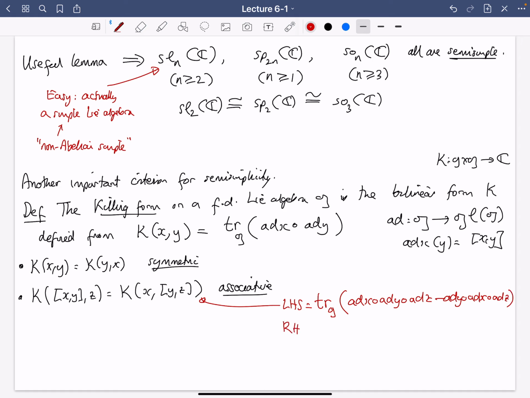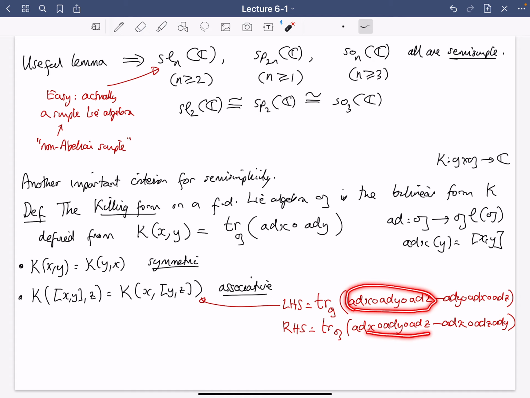And the right hand side similarly is the trace of ad x, and then I need to take the commutator of ad y and ad z. So that's going to be ad y ad z minus ad z ad y. And so we need to check that these are the same.